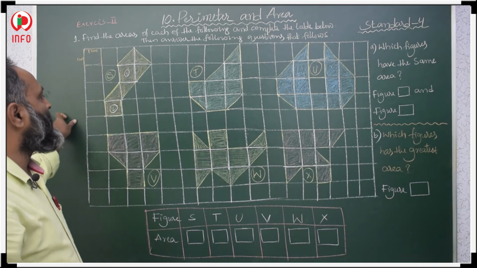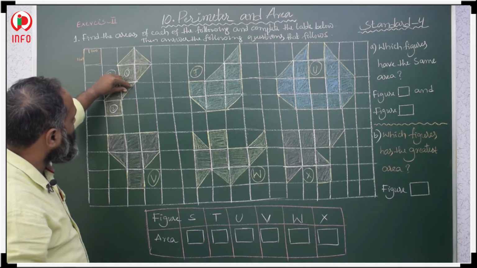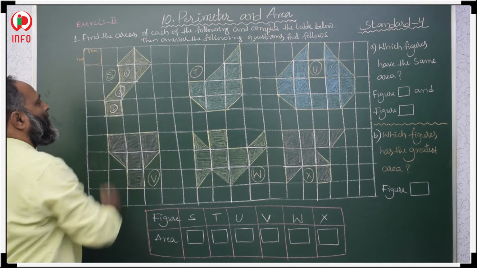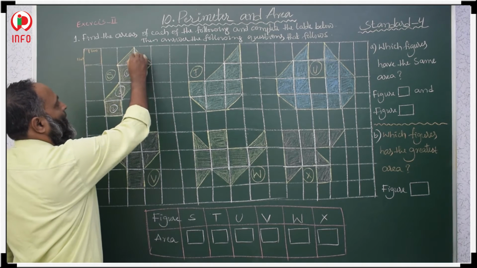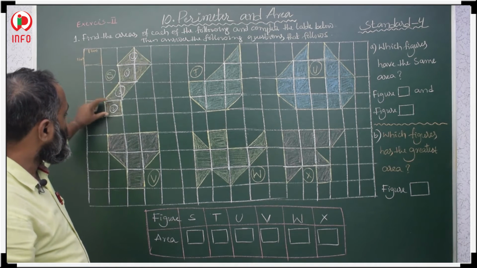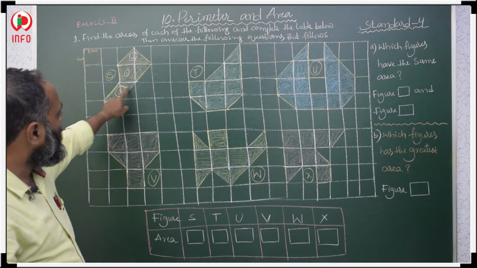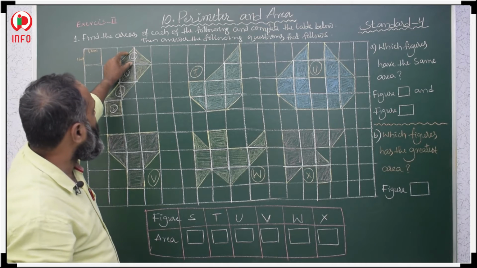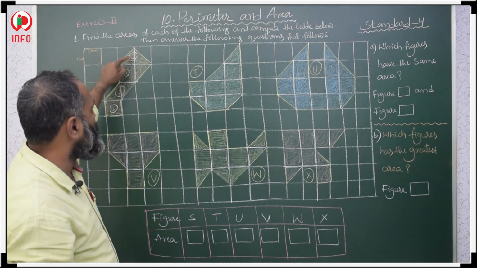We have 2 complete squares, and after that here a half square and here a half square; half and half make 1. This is the third. Here a half square and a half square make the fourth square.